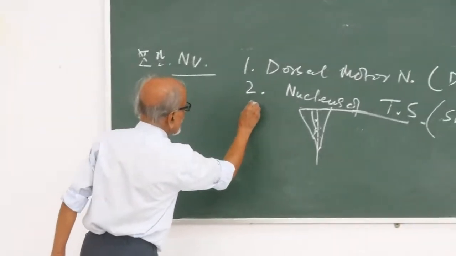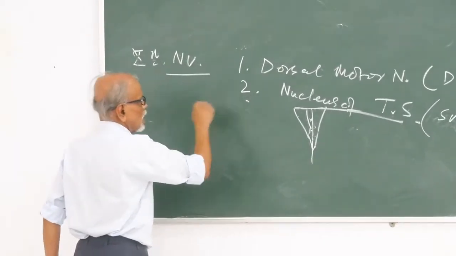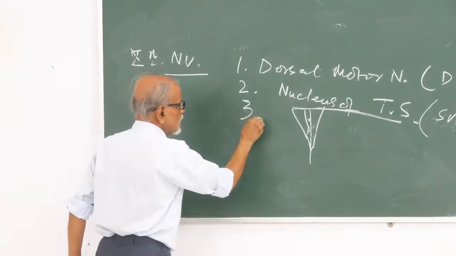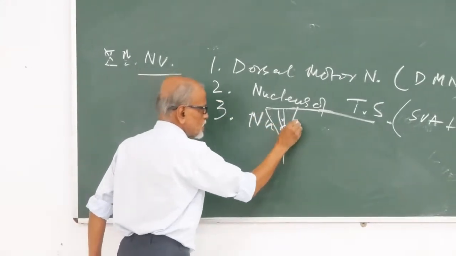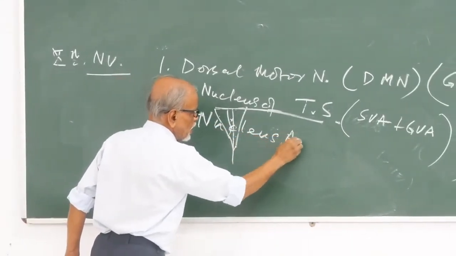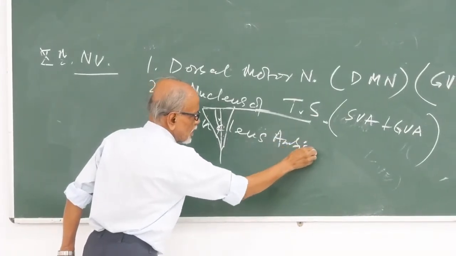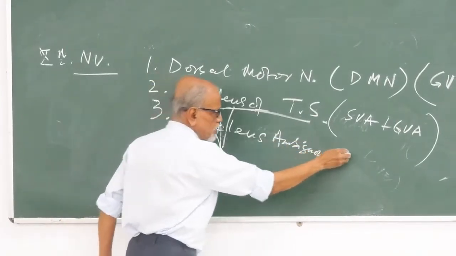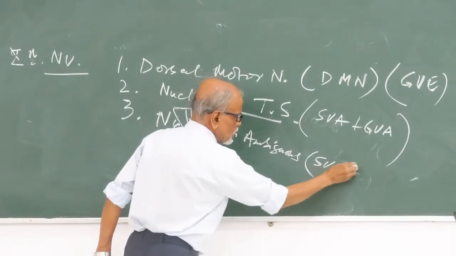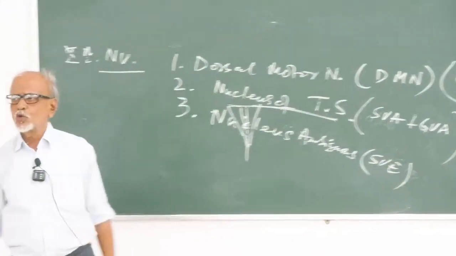Next, number 3 is nucleus ambiguus. Nature of this nucleus is SVE, special visceral efferent branchiomotor.